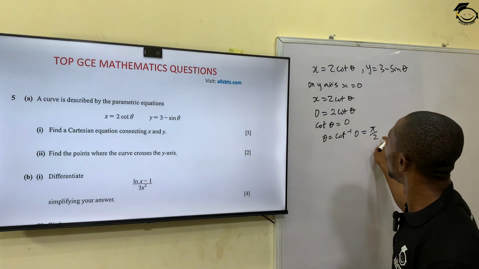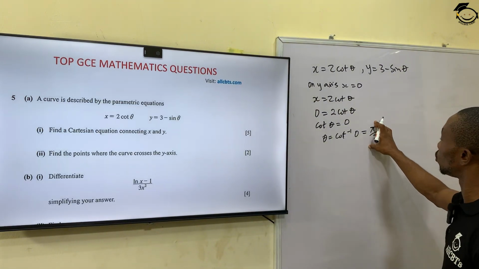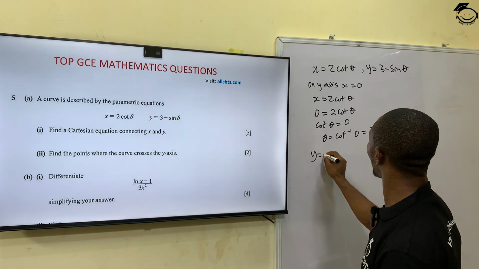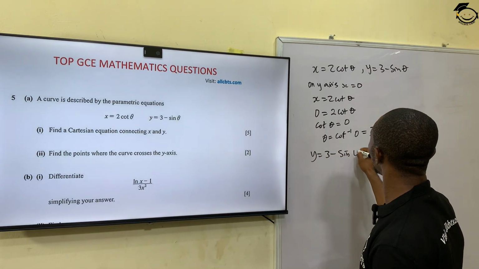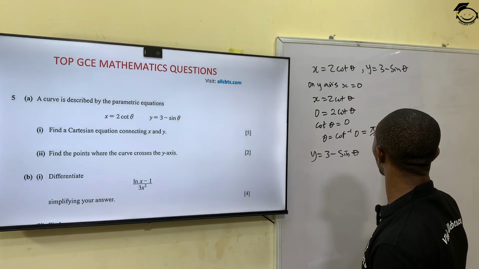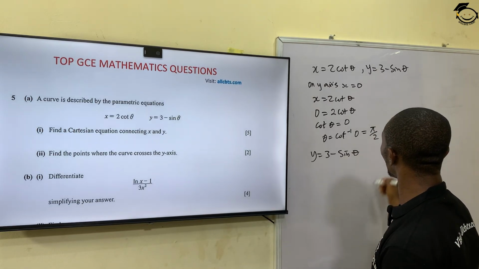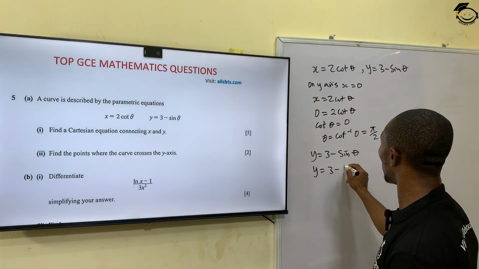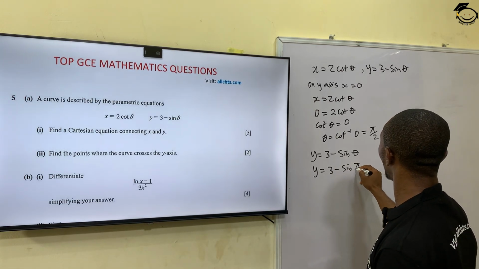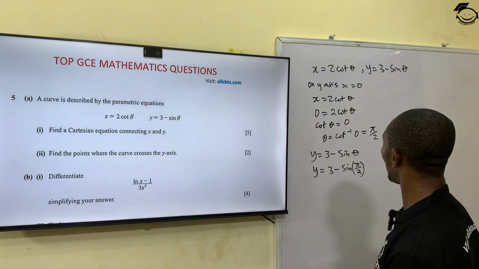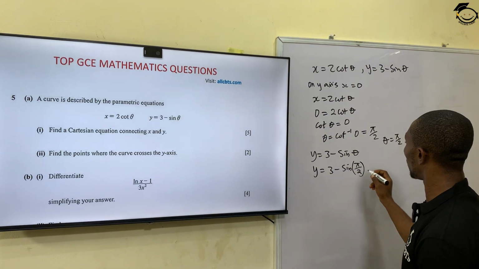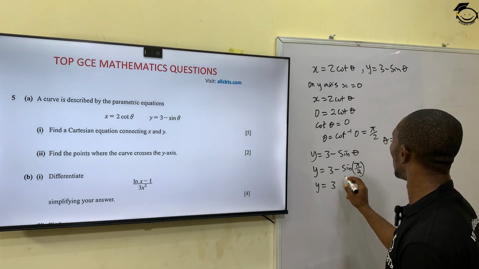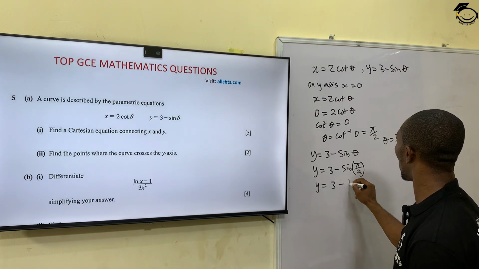All right, now bearing in mind that pi over 2 is theta, now to y equals 3 minus sine theta, where theta is pi over 2. Okay, this gives us y equals 3 minus sine pi over 2. Okay, now this will give us y equals 3 minus 1.